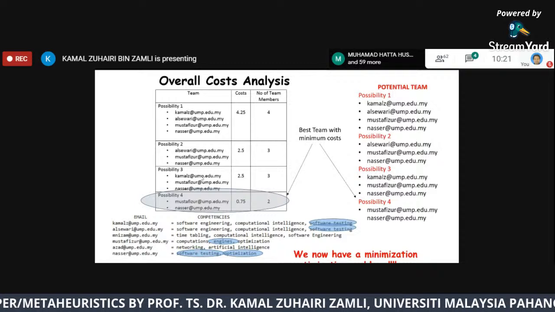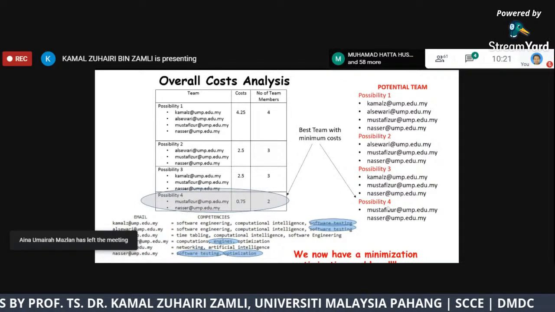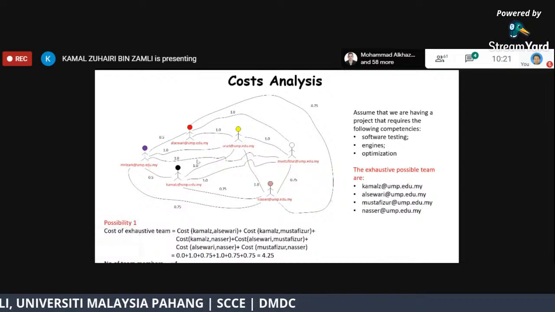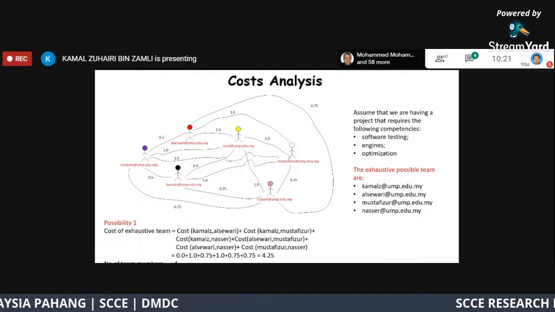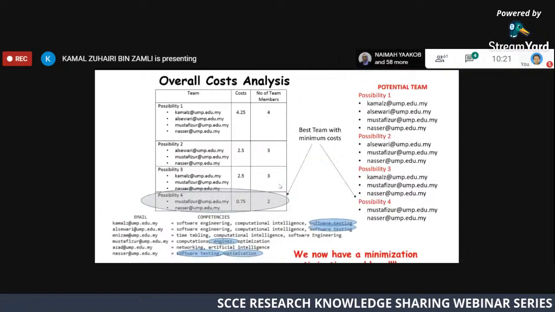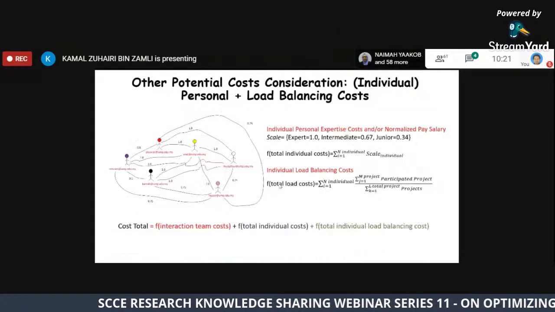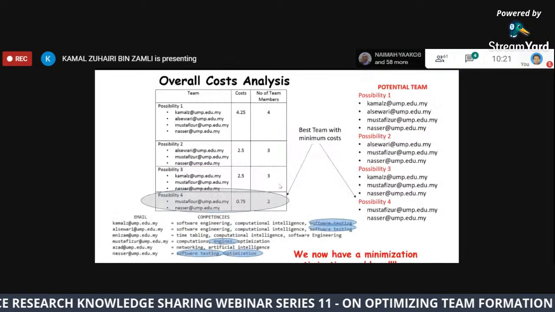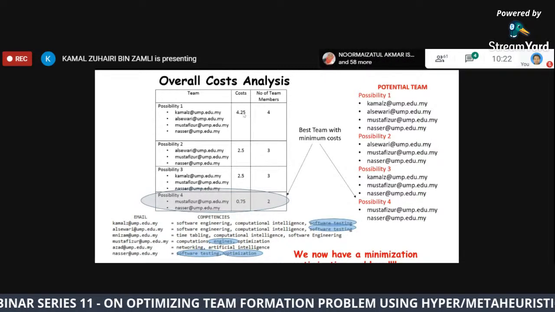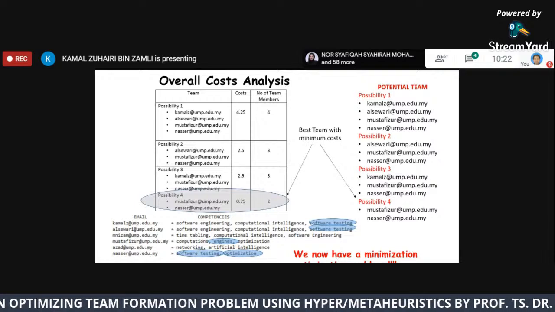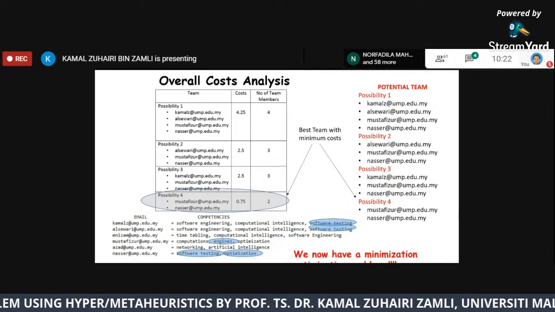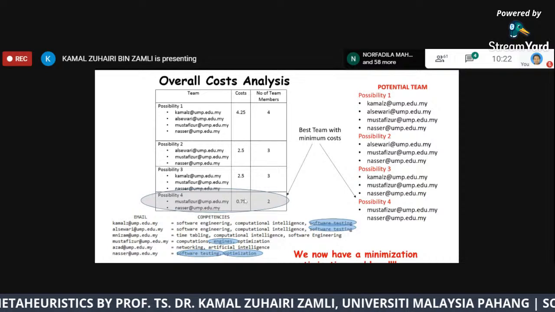But if you look at Mustafizo and Nasir, the cost is 0.75. You can see that if you model this mathematically like this, one has the largest cost, and this one has the minimum cost. So in other words, that is why possibility 4 was the minimum for cost.